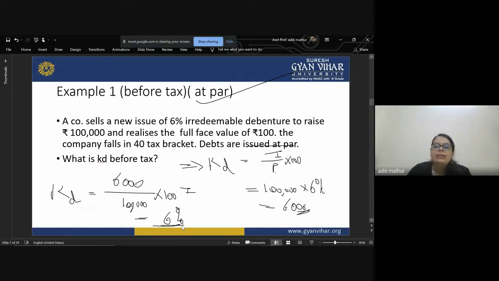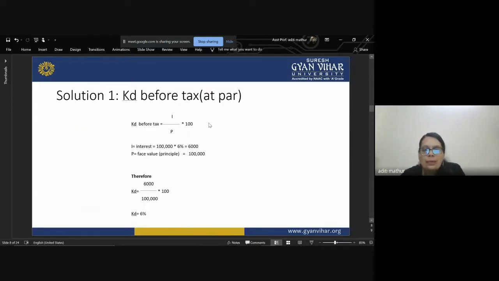The reason we have not taken into consideration the tax factor, that means the 40%, is because the calculation is to be made before tax. If we have to make it after tax, then we will multiply it and we will get the after tax valuation. But the question was to calculate KD before tax, so we have ignored the tax factor and simply divided the interest by the principal and multiplied by 100 to get the KD, that is the cost of debentures, and that is 6%. So this is how we do the calculation.